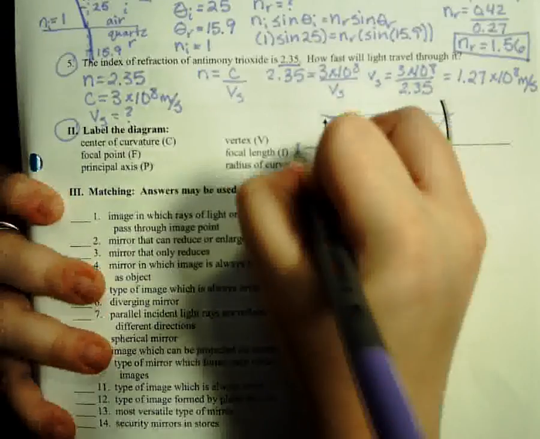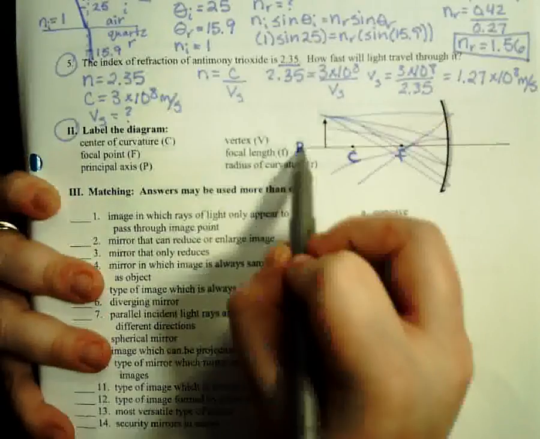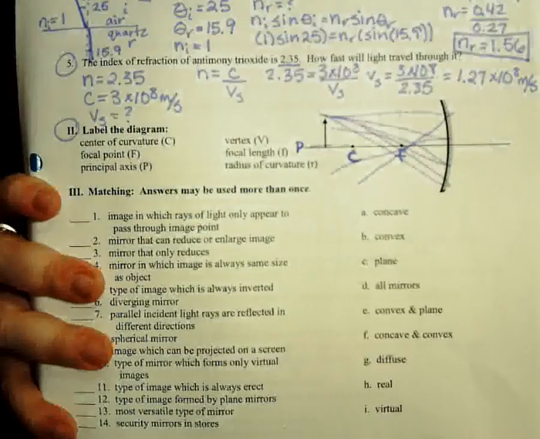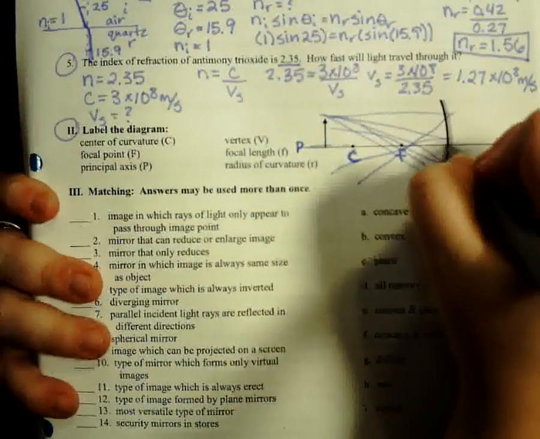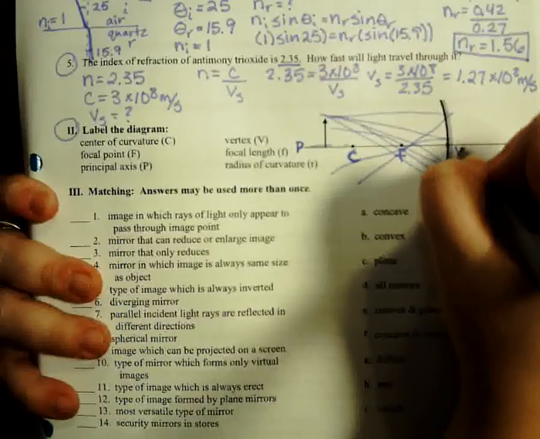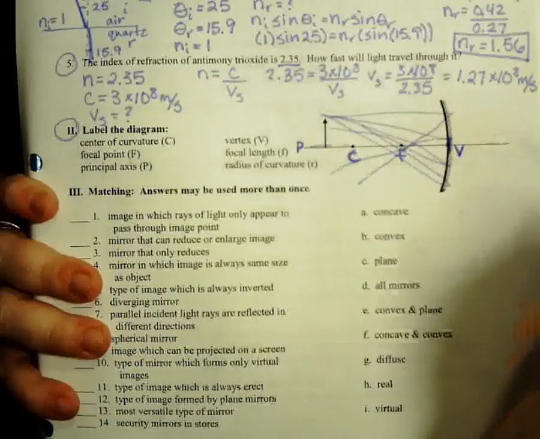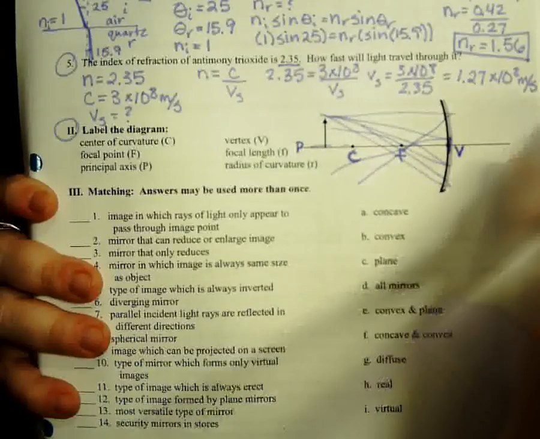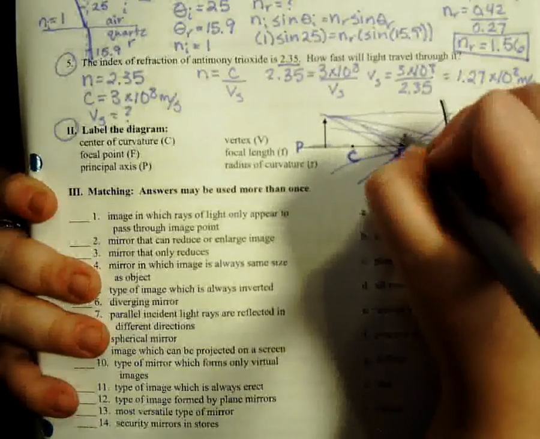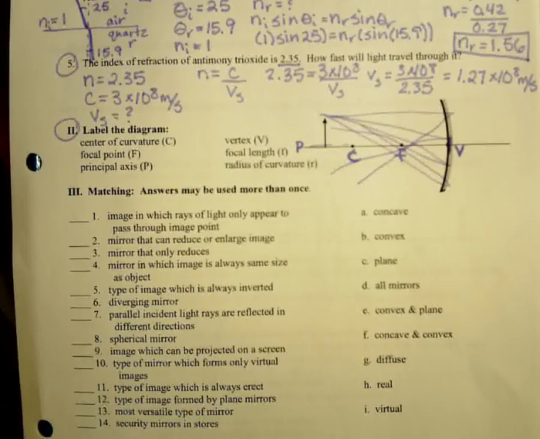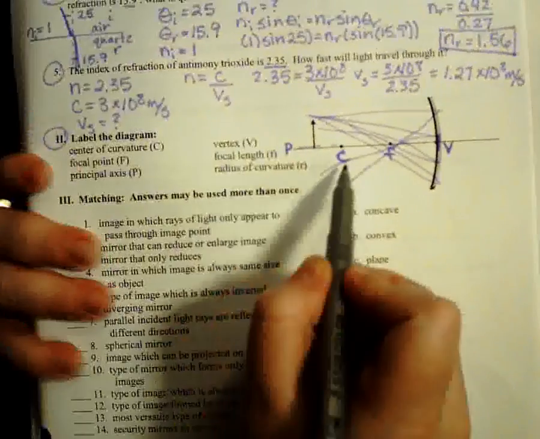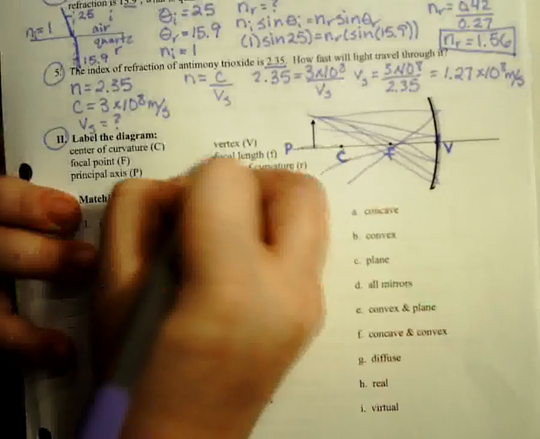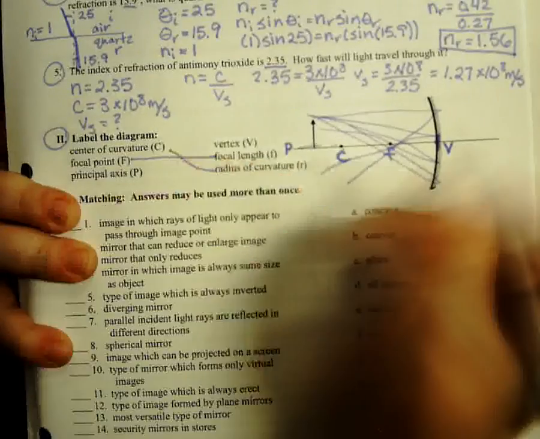The principal axis is just the line that our dude always has to stand on. This line in the center, that's the principal axis. The vertex is here where the mirror is. Again, I don't think those are things that you need to care about. And then the focal length and the radius of curvature are directly related to the focal point and the center of curvature.